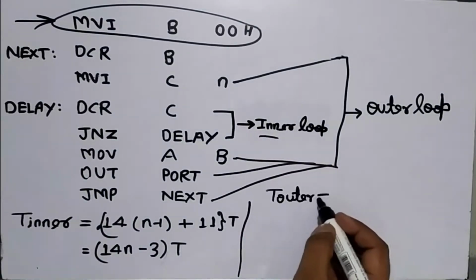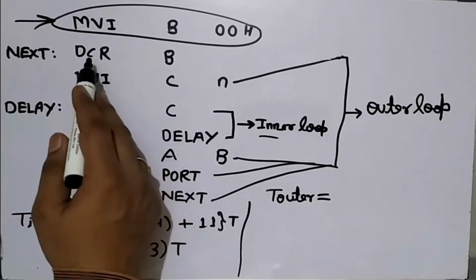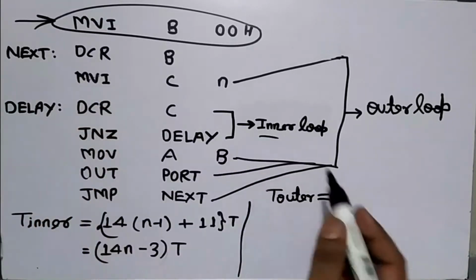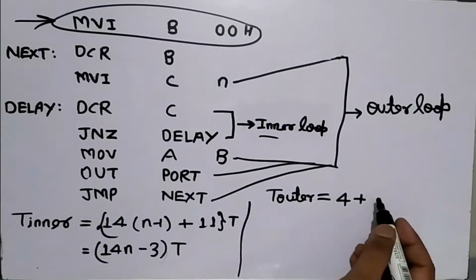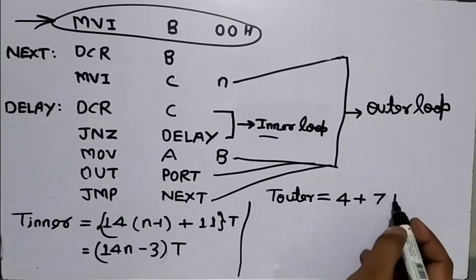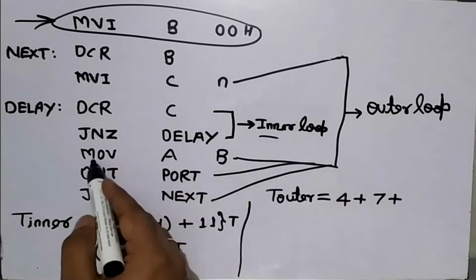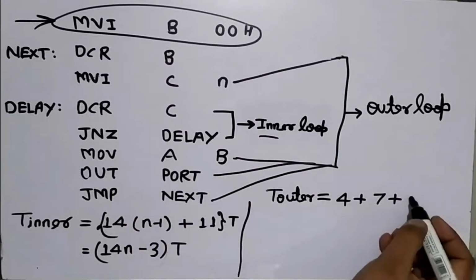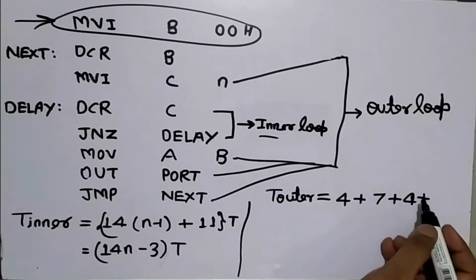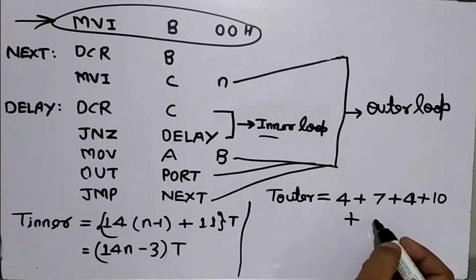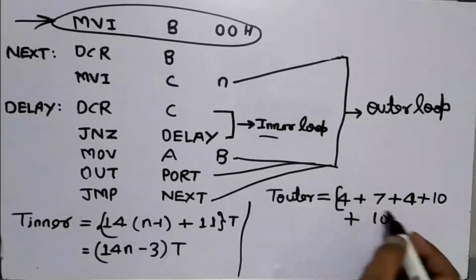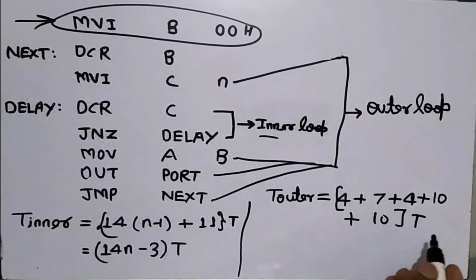equals the T states consumed in DCR B, which is 4T, plus MVI C, N which is 7, plus MOV A,B which consumes 4T, plus OUT 10, plus JMP next 10. This will be multiplied by capital T, the time period.